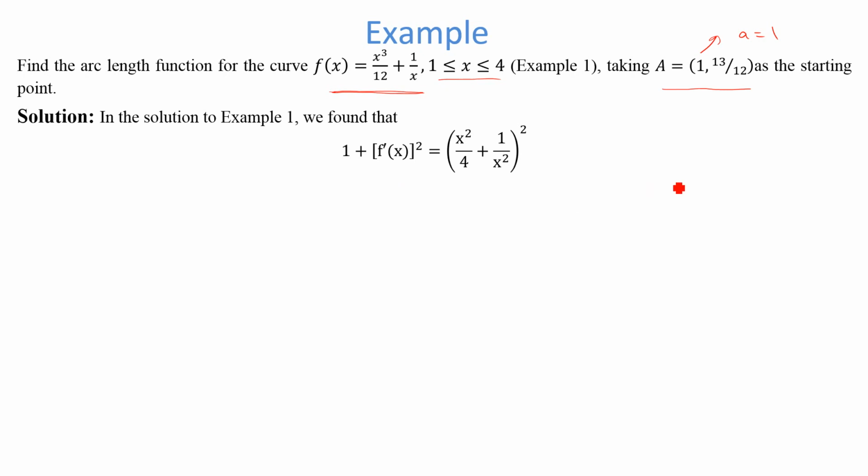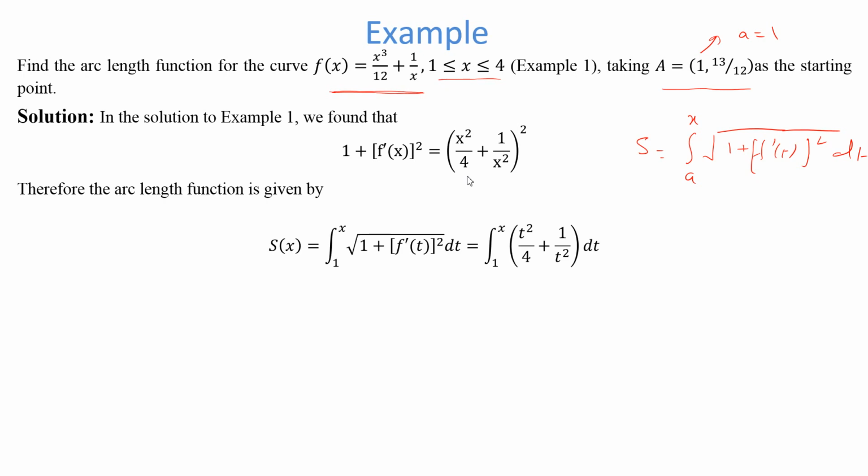So what is actually s? s is the integral from a to x of the square root of 1 plus f prime(t) squared dt, right? So for this we have to find the value of the square root of 1 plus f prime squared, which is equal to this, and you can verify this.